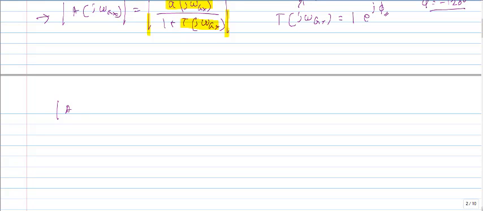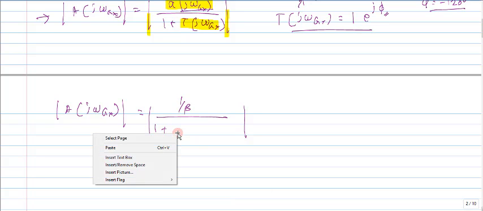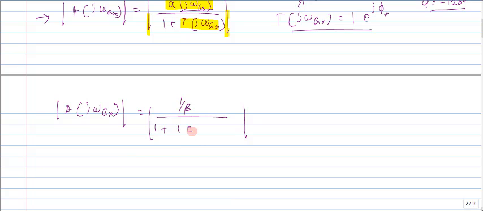So one can rewrite the magnitude of the closed loop response as the ratio where the numerator term could be replaced with 1 upon beta, and I have 1 plus this T of j omega gx, and we can replace that with 1 into e to the power j phi, correct?